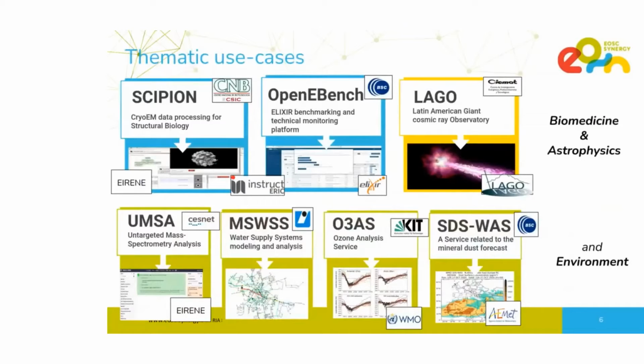This is from astrophysics and measuring cosmic rays, it's an observatory for cosmic rays. Also in the environmental science, we have 4 projects, and for instance, one of them is Ozone Assessment Service, O3as, which we are developing at KIT.